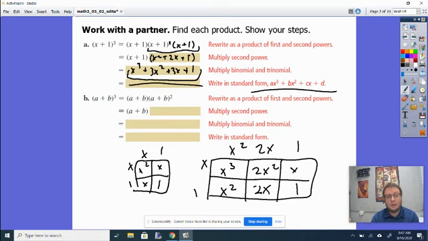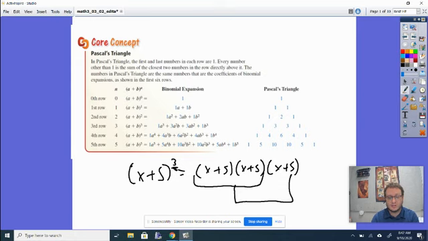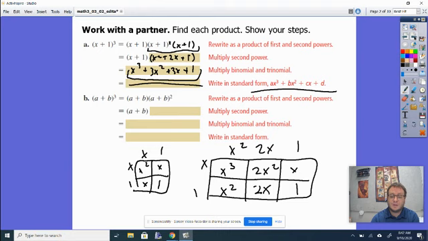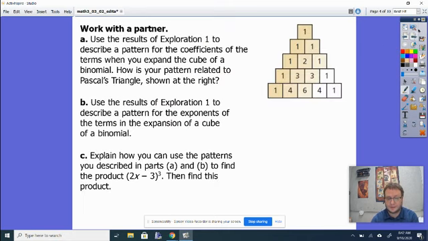So what we found is if we take Pascal's triangle, and remember Pascal's triangle is this triangle right here, where ones always go down the sides, and then we add. We can use Pascal's triangle to expand these polynomials much quicker. Okay, so let's look at that.